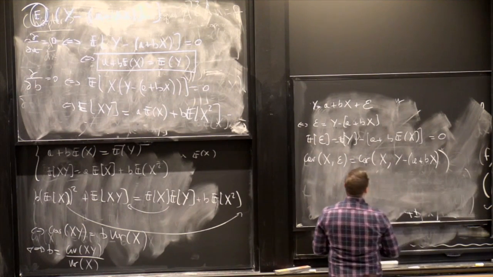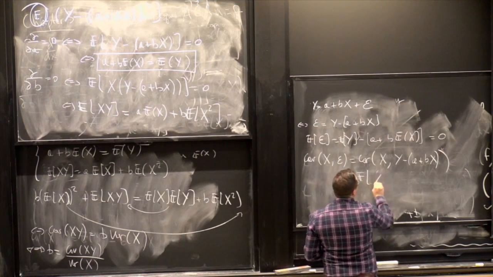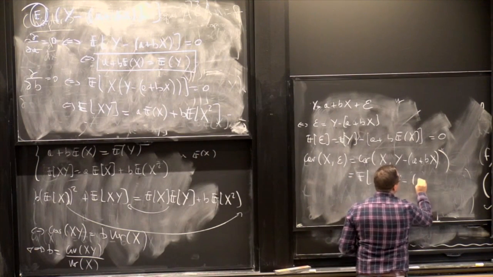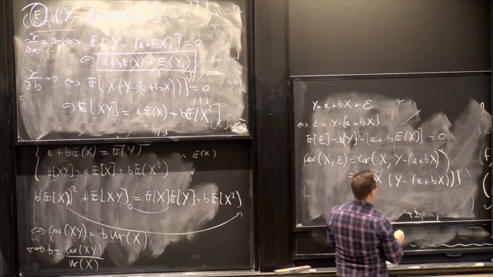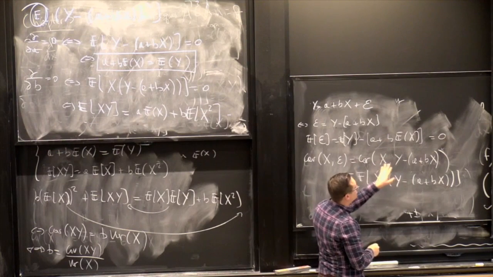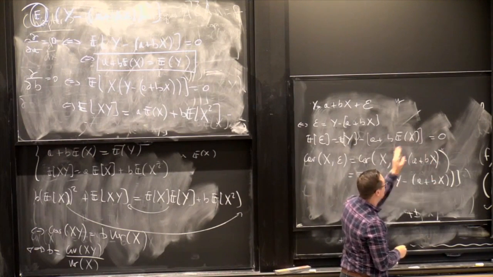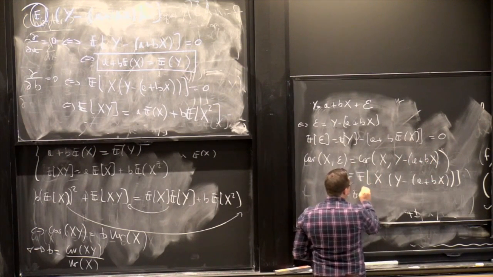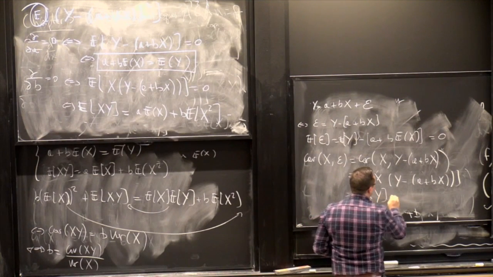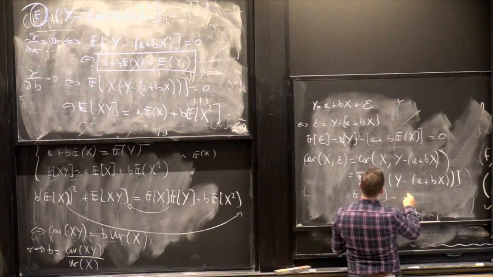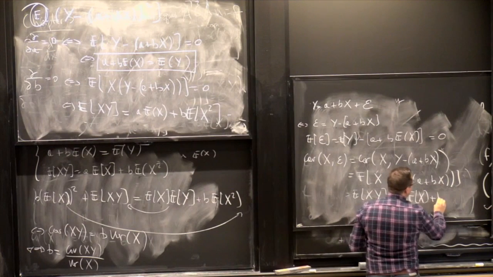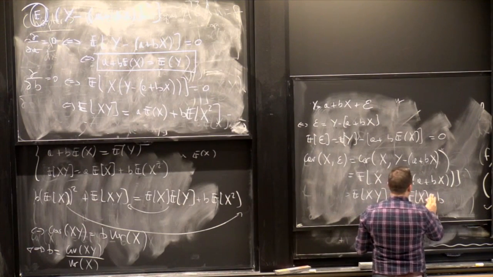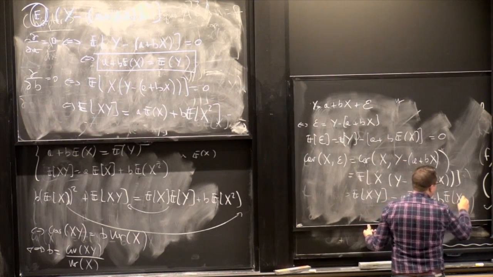So this is actually equal to the expectation of x times (y minus (a plus bx)). Right? The covariance is equal to the product just because this right-hand side is actually centered. So this is the expectation of x times y minus a times the expectation of x minus b times the expectation of x squared.